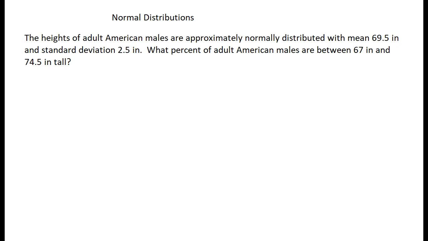Alright, so what we're going to do is draw a bell curve and use this information. In our standard bell curve, your mean is at the center. On each side of the mean, one standard deviation would be 34%, and the other side would be 34%.